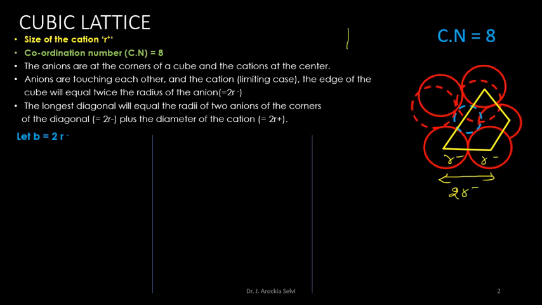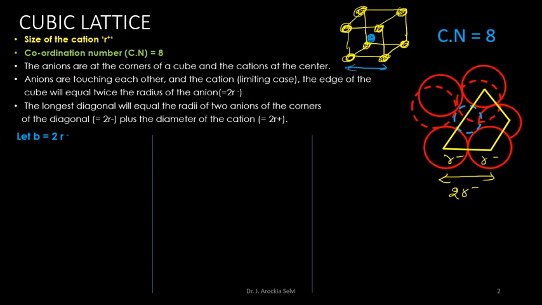Here you are considering a cube in which the corners are occupied by the anions, the top 4 and the bottom 4, and in the middle you have the cation. This cation is in contact with the anions, and the anions are also in contact along the edge. So here is one edge, with two anions.